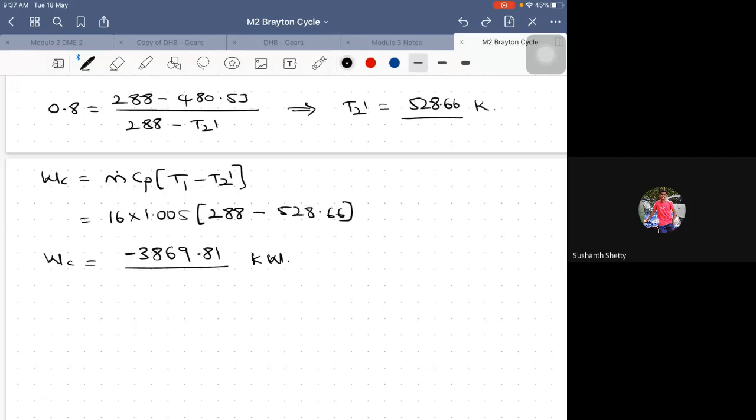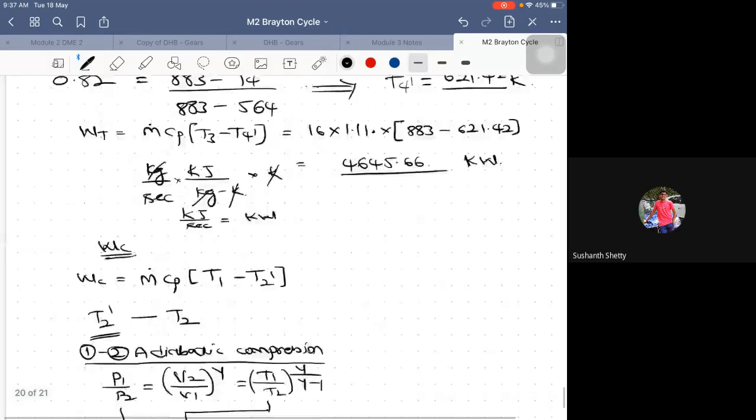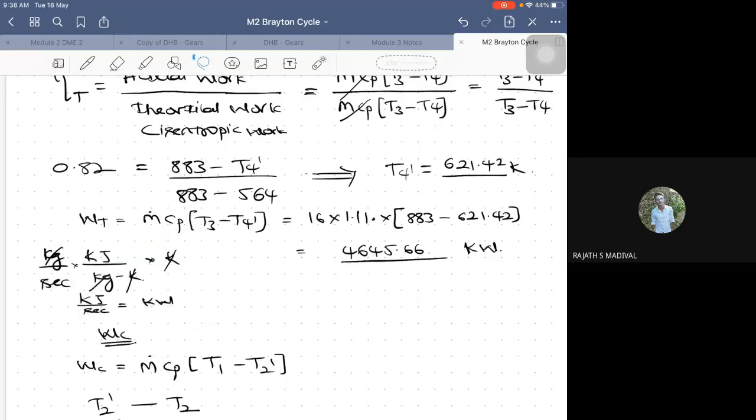The power output is given as W net, and W net is the summation of WT plus WC. How much is the value of the WT which we have got? 4645.66. Correct. I would just place it here properly and put it in a box.